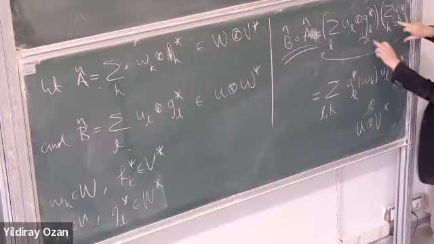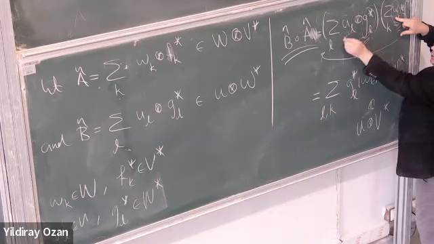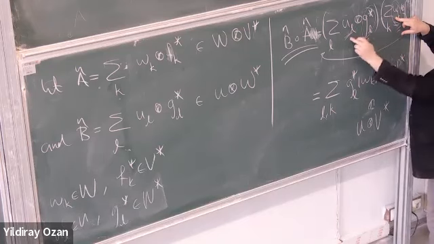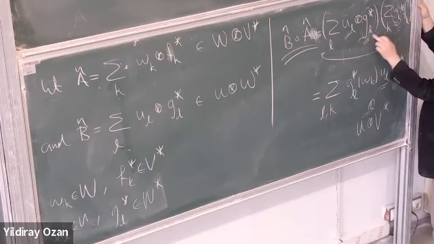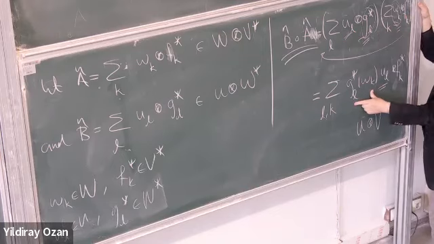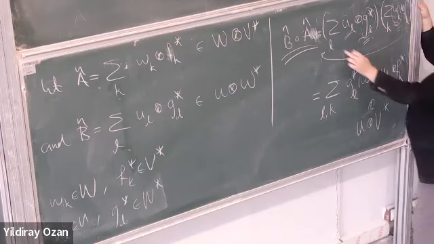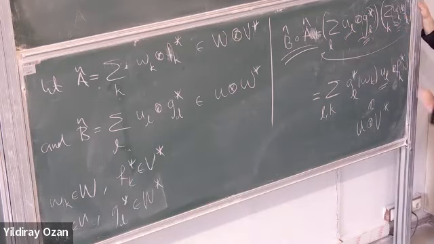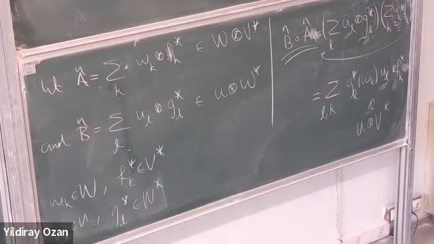So you will get another scalar that will go out, and you will be left with this vector. This guy will eat this guy, you get this scalar, and then you have F K star. So when you feed this guy with B, you just write B here, and you are done.